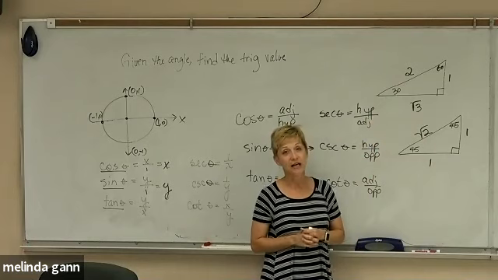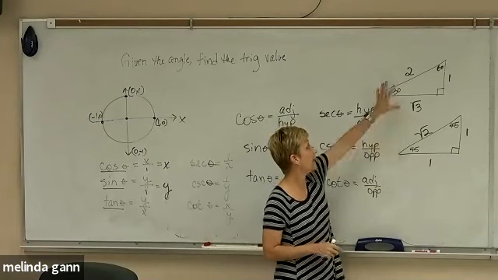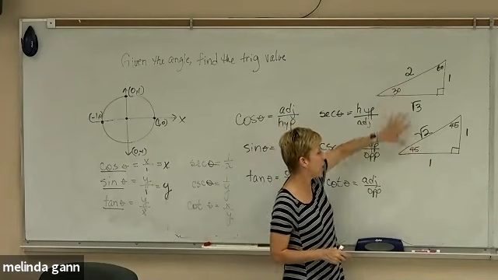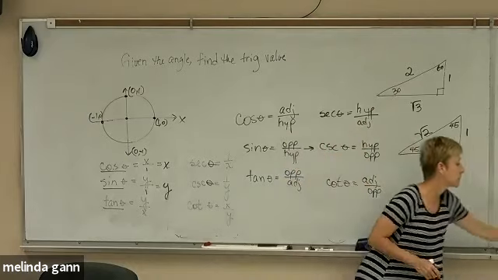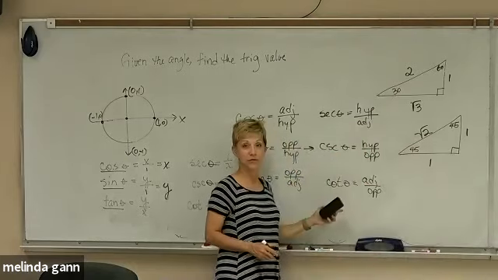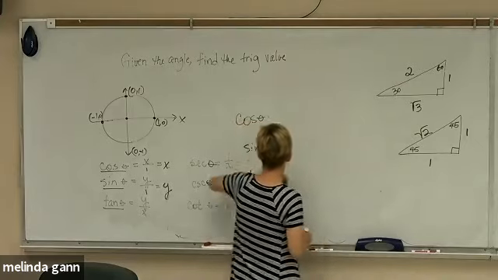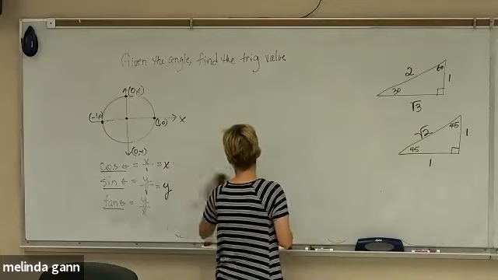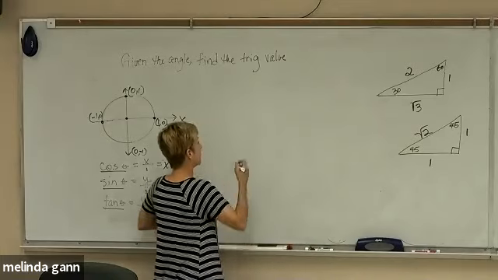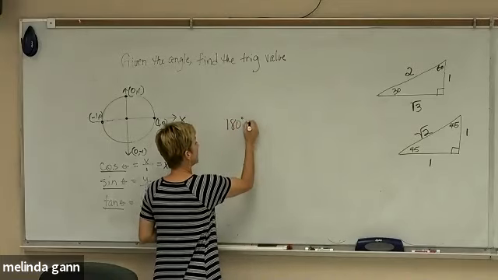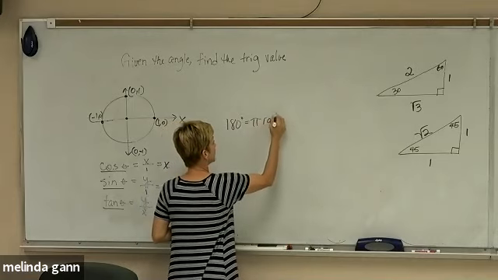Now, I'm going to show you some trig in quadrant 1 off of these special triangles. So you got this in your notes, so you might want to put it next to you when I go over this. Now, as a reminder, remember that 180 degrees is the same thing as pi radians.